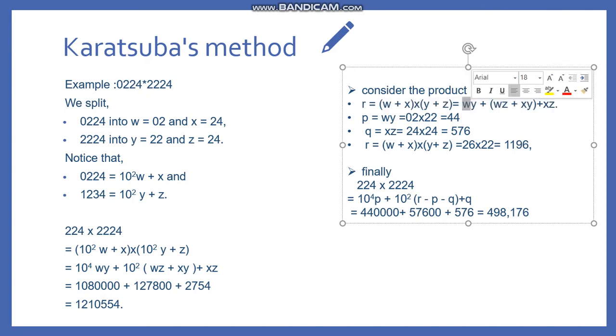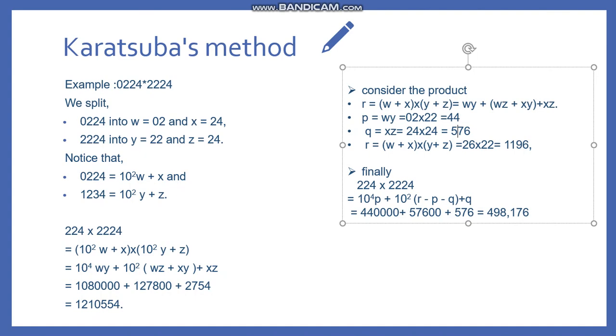We multiply w with y, x with z, and w plus x cross y plus z. So we have made three multiplications, this, this and this, and from these three multiplications we generate the answer.